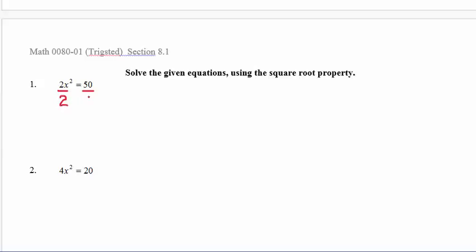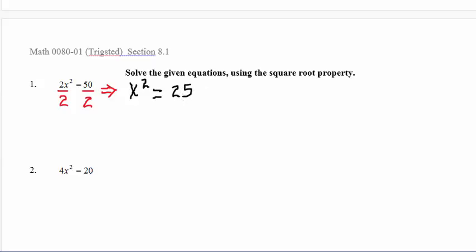There's no grouping. The square only applies to whatever's to its left, and in this case, that's the x. So we divide both sides by 2 to isolate the square, and that gives us x squared equals 25.